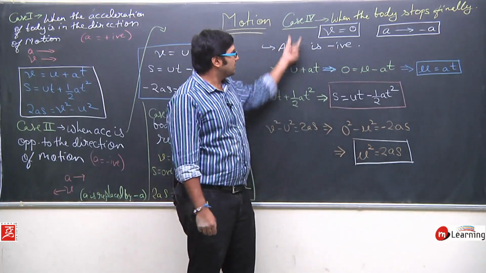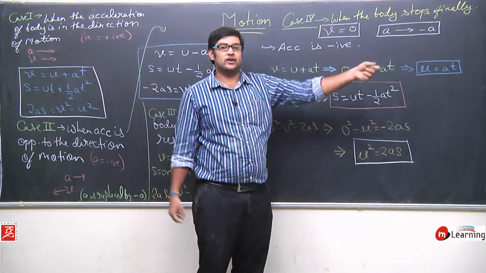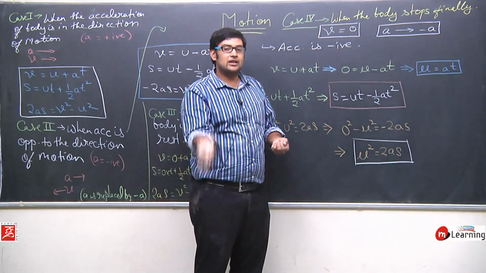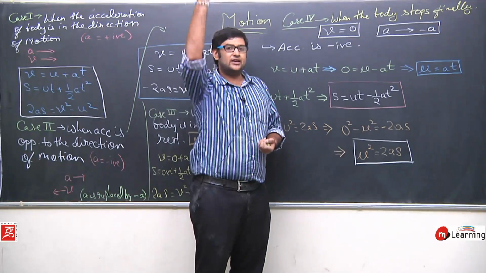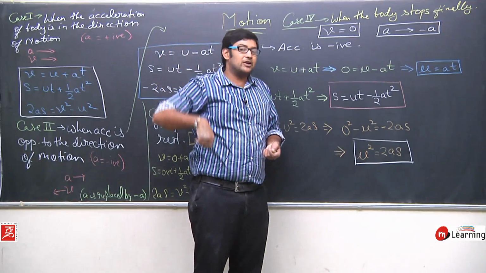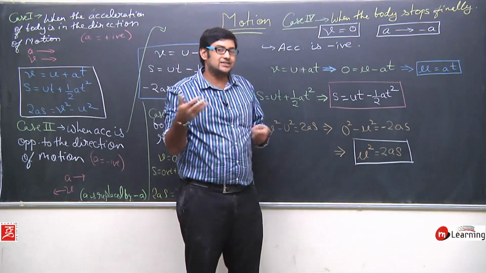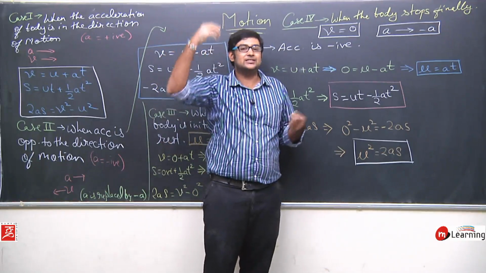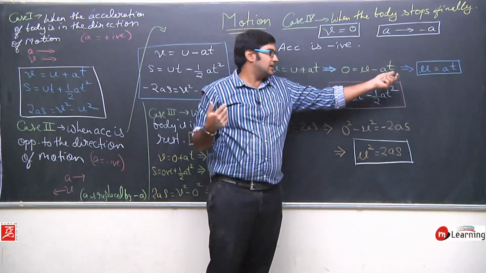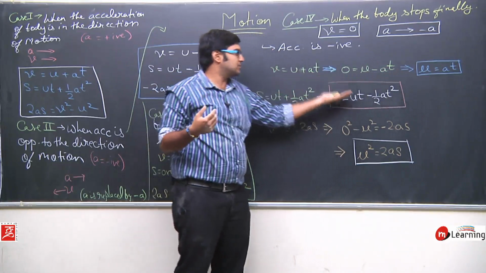When a body finally stops, for example when I throw a ball, the ball starts moving with some velocity and in the air at some point it stops. Initially the ball has some velocity, but finally it has 0 velocity. In that case the equations of motion become like this.